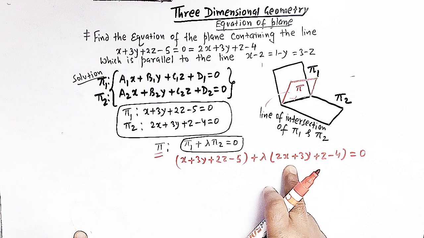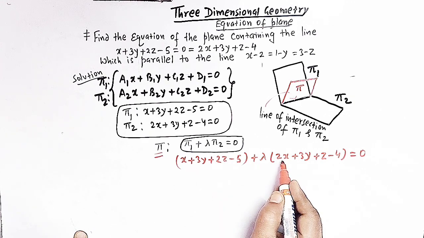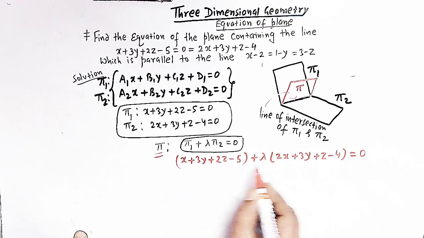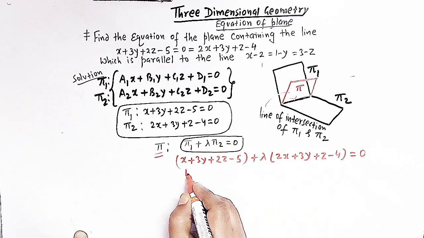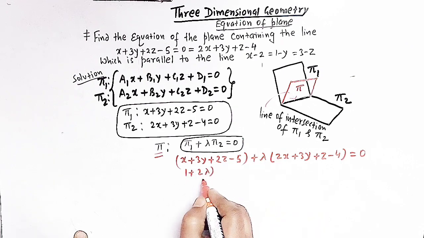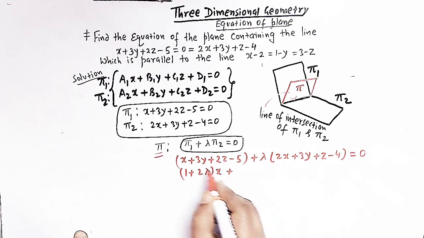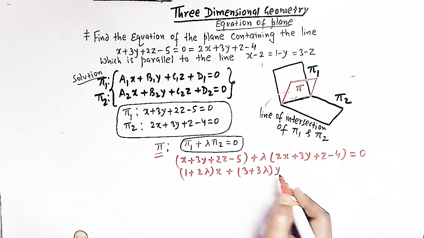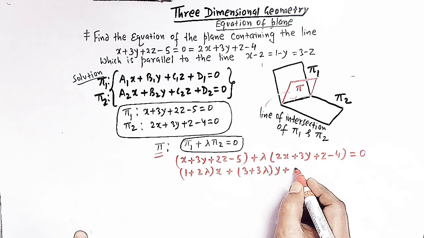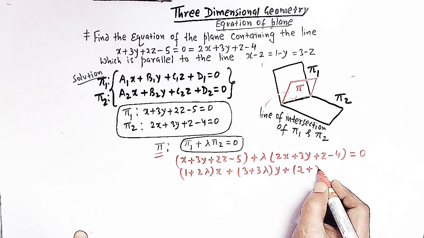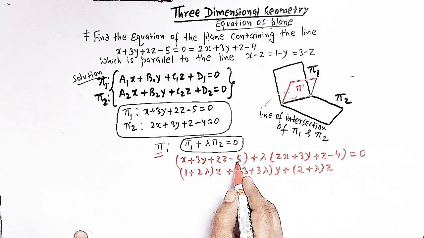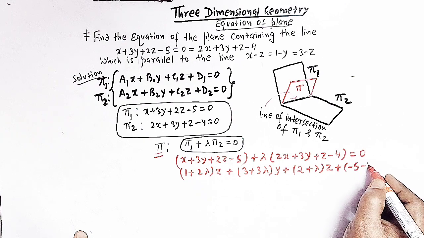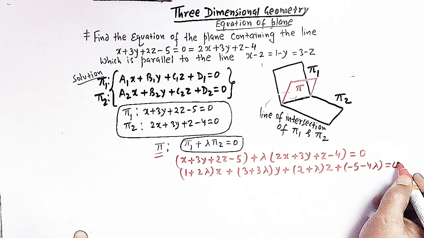So let us arrange the terms here, collecting the coefficients of x, y and z. Here we have x and here we have 2 lambda x. So we can now write 1 plus 2 lambda times x, then 3 plus 3 lambda times y, and 2 plus lambda times z, and the constant term is minus 5 minus 4 lambda is equal to 0.